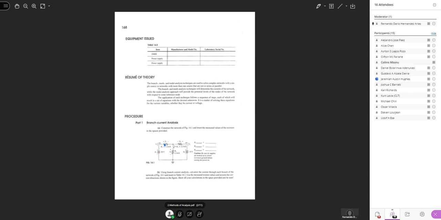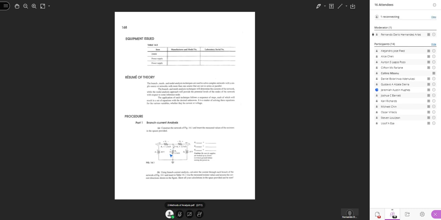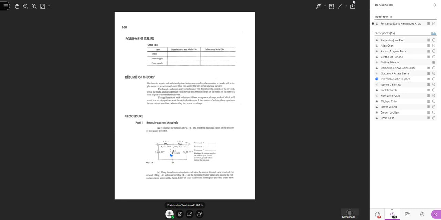Then you continue here, plus to minus is the potential drop, so we call it V1 minus. Then you go here from positive to negative, that will be a voltage drop, so we call it minus, and that's going to be equal to 0.